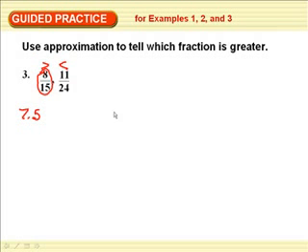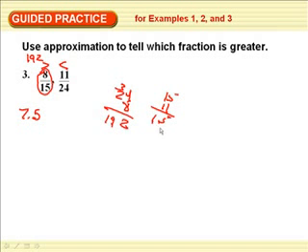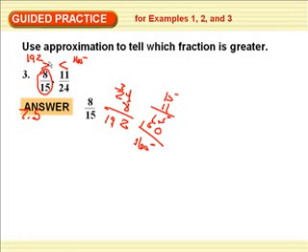Okay, and we can check it with our cross products. 24 times 8 would be 192. And 15 times 11 is 165. And 192 is bigger than 165. So that is good. 8/15 is the bigger one.